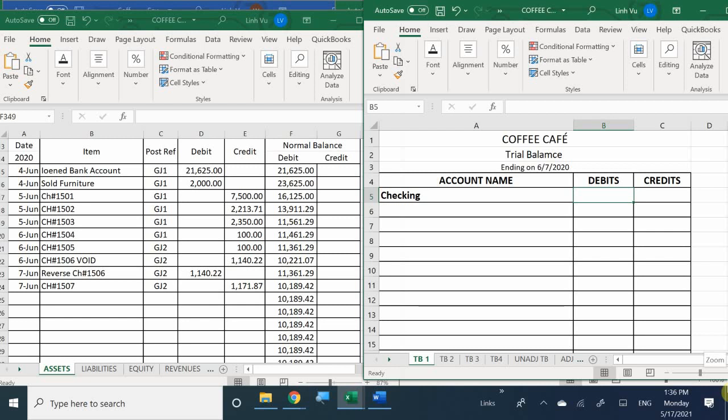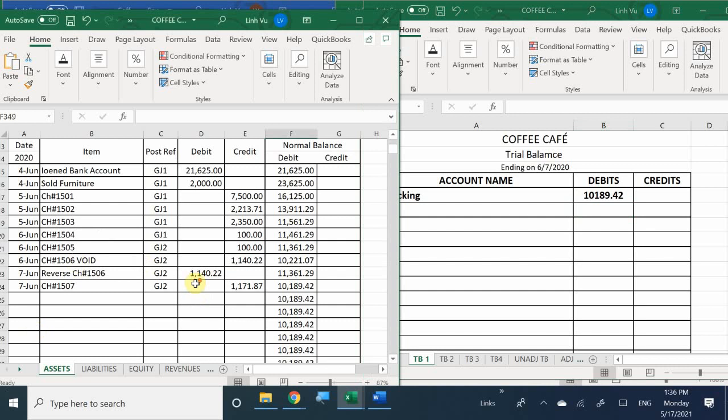Exactly how you see it here, whatever the current balance is as of June 7th. That's what this trial balance is for. So you're going to list out right here that it is 10,189.42. That's my very first number, and that's what I see on my ledger. Now that we finished that one, let's see what's next.